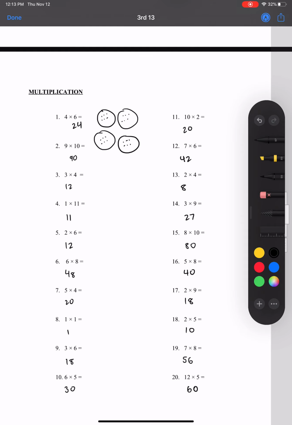If you count all the dots, 1, 2, 3, up to 24, you get your answer. And for these ones, when you multiply a number by 1, you get the number itself. And yeah, that's pretty much it.